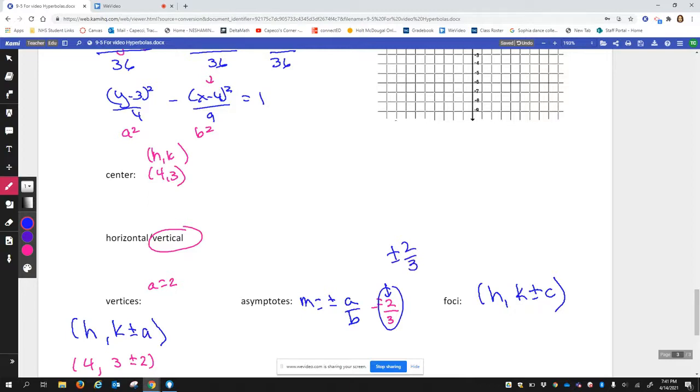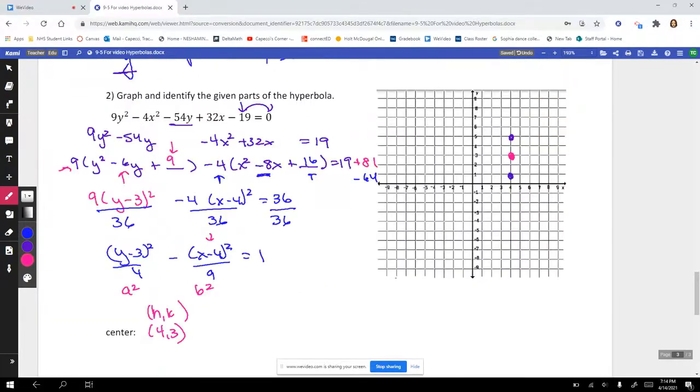We have 2 lines there. There's our slope. From here, I'm going to go up 2 to the right 3, up 2 to the right 3, down to the left 3, down to the left 3. Do the same thing for the other one. That's a positive slope. Let's do a negative slope.